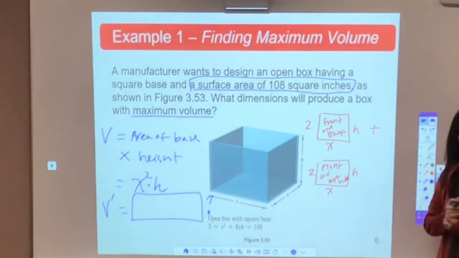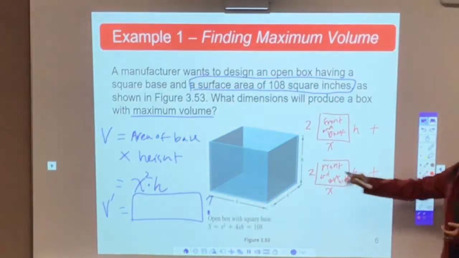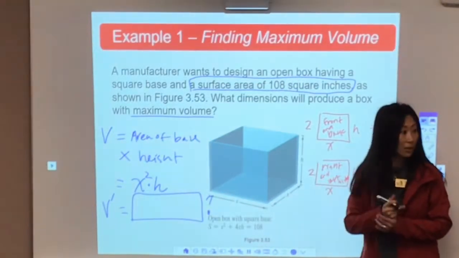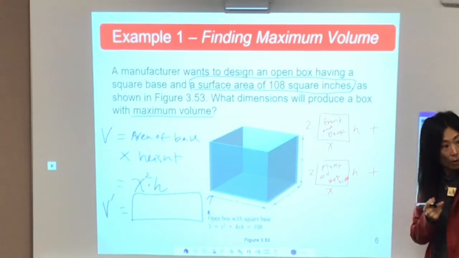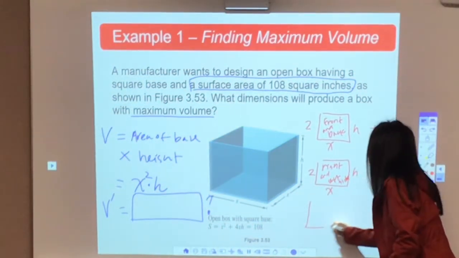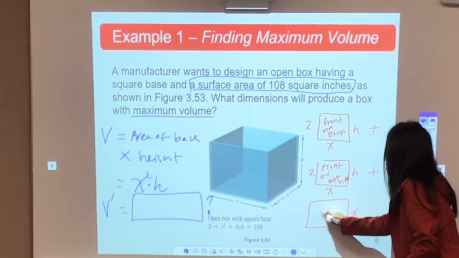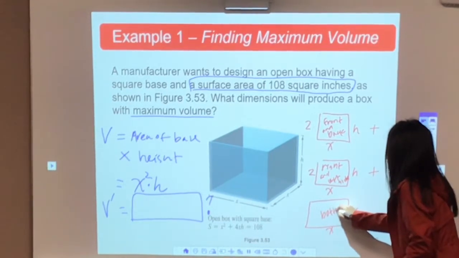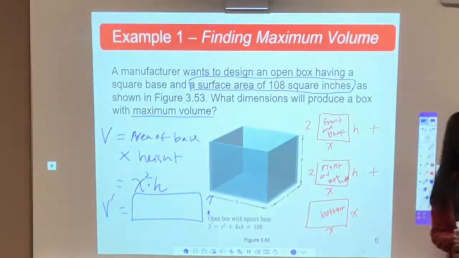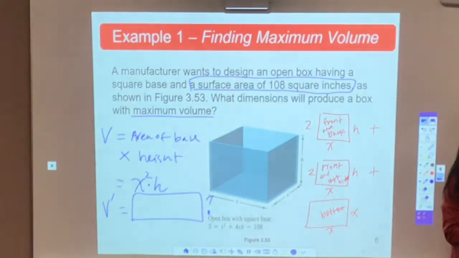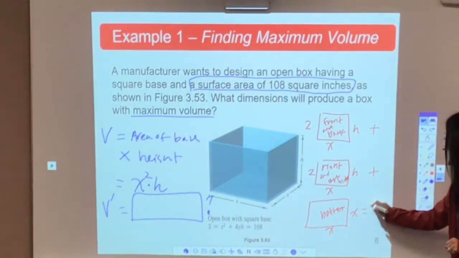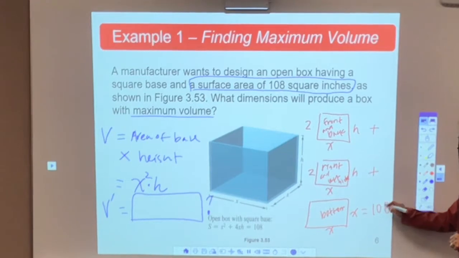What else do I have? The top, I don't have anything. It looks to me like it's open. So I only have the bottom. What's my bottom? Bottom is x times x. So only one of them. I don't care about the top. Is everybody with me? That is equal to how much? They gave me 108.